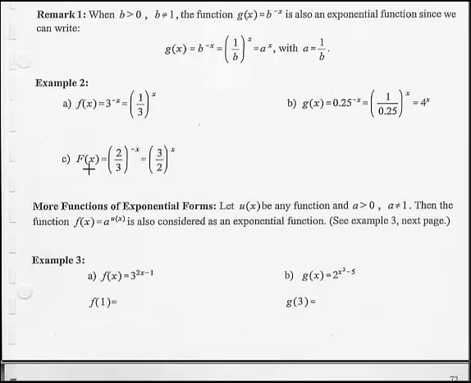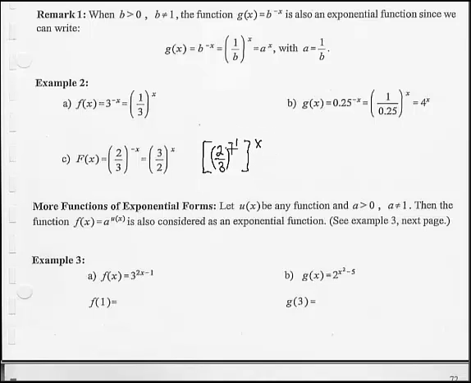Here on the bottom, capital F of x, we have 2/3 to the negative x. If for whatever reason we want to get rid of the negative sign in front of our exponent, then we simply take the reciprocal of the fraction. Again, we could look at this as 2/3 to the negative 1 raised to the positive x power.